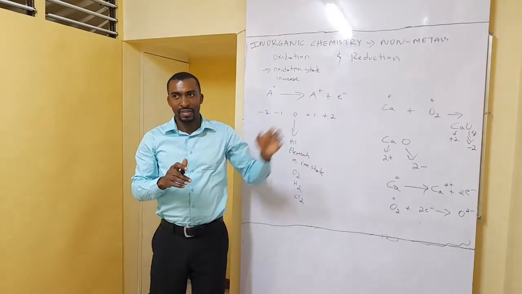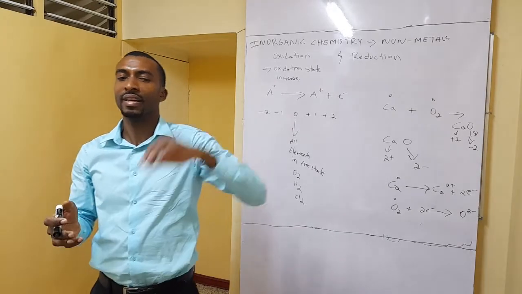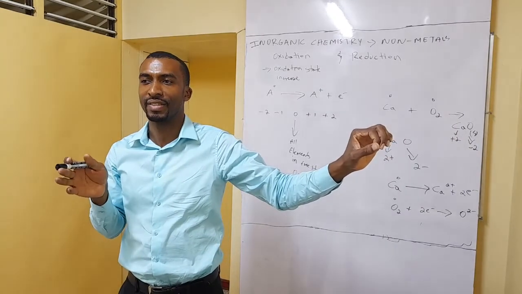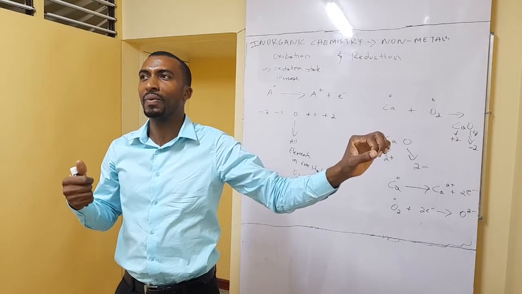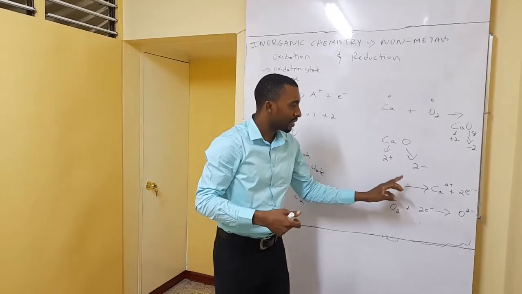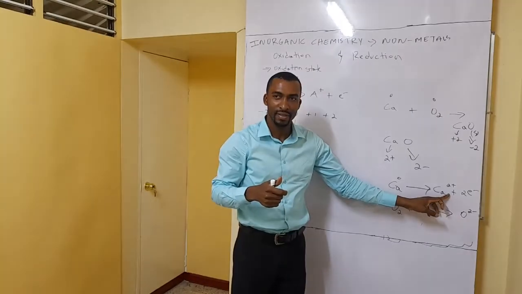Now, in the oxidation reduction process, the compound or element that is causing the other element to be oxidized is the oxidizing agent. So an agent would be the one causing something to occur. That is why, if we talk about oxidizing and reducing agents, the calcium is oxidized here.